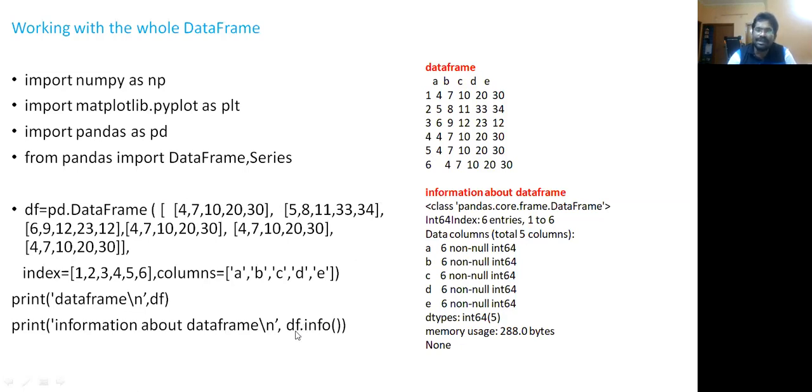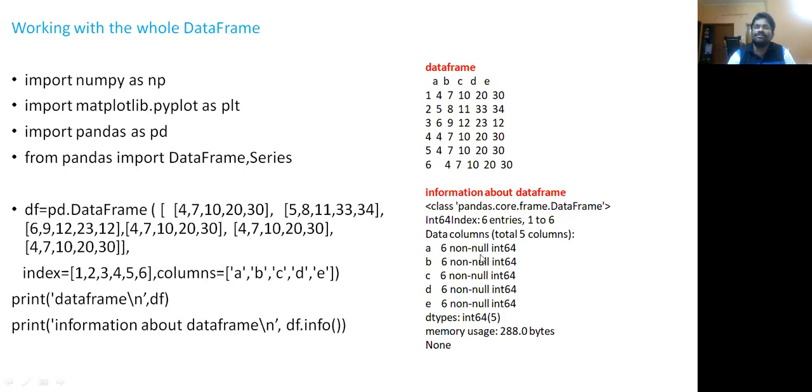When you are using the df.info function, it displays the entire information about the data frame. For example, the class name is DataFrame, the data type is integer, and the size is 64-bit. There are 6 entries, which means the number of rows is 6, from 1 to 6.